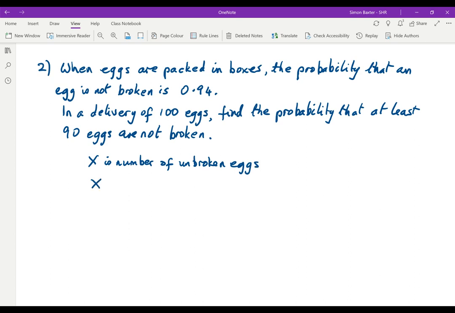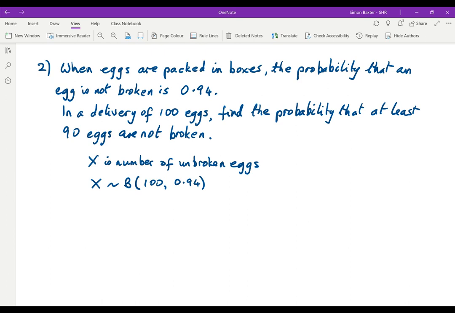Then X will be binomial, B(100, 0.94). It satisfies the conditions quite happily for a binomial distribution. Fixed number of trials, 100 eggs in a consignment. Fixed probability between trials, 0.94.